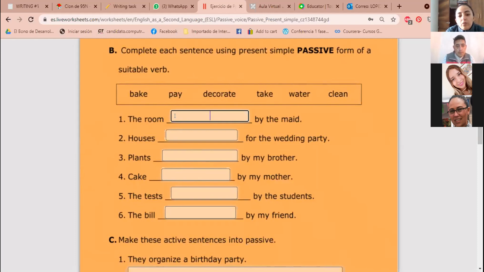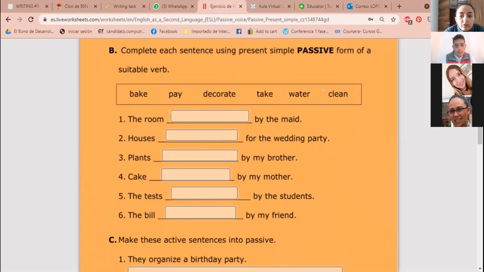For example, you will have to choose the right verb, ¿no? Tenemos que escoger primero el verbo correcto. The room by the maid, ¿qué será? El cuarto por la persona que arregla, la del aseo, ¿cómo diríamos? ¿Qué verbo ocuparían ustedes?